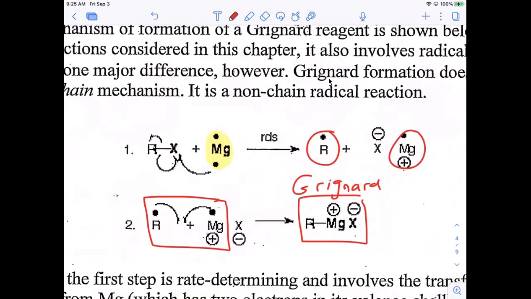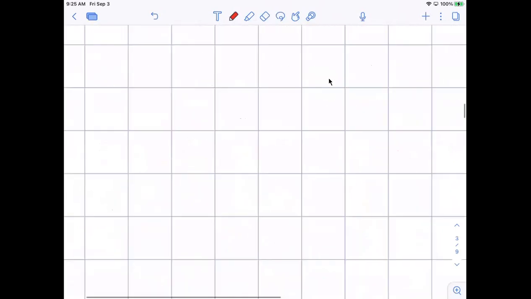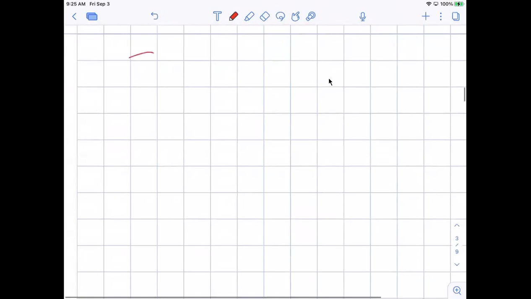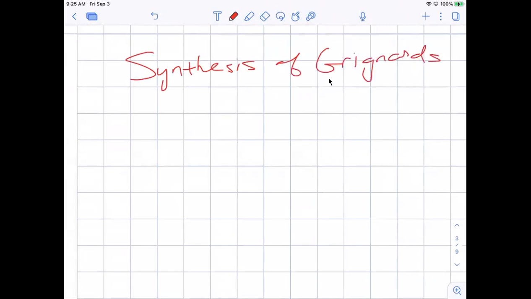Right, so let me show you that on just a regular example. So in order to make a Grignard, you need an alkyl halide. Right, so I'm going to just start out with this.